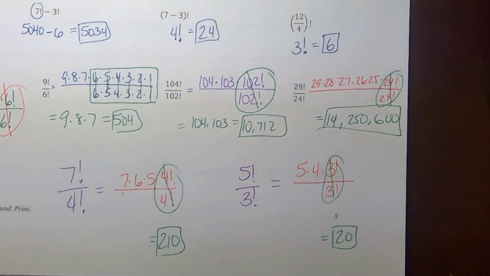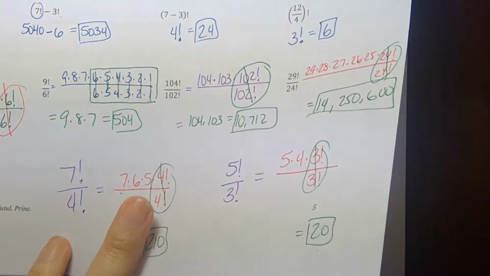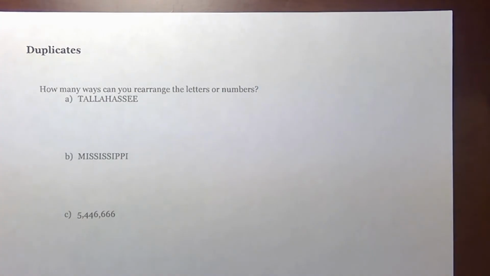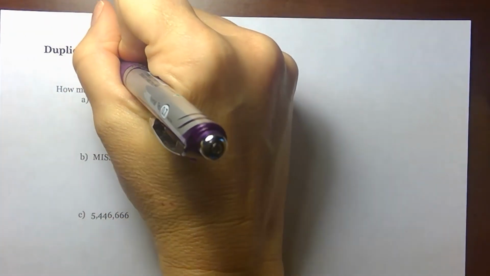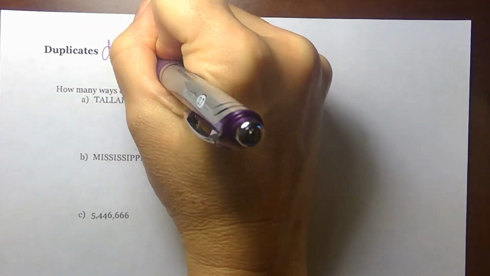All right, let's look at this last page of notes and talk about dividing out duplicates. When I have duplicate values, duplicate symbols, duplicate letters, duplicate numbers, whatever I'm duplicating, I want to make sure that I divide out the repetitions.